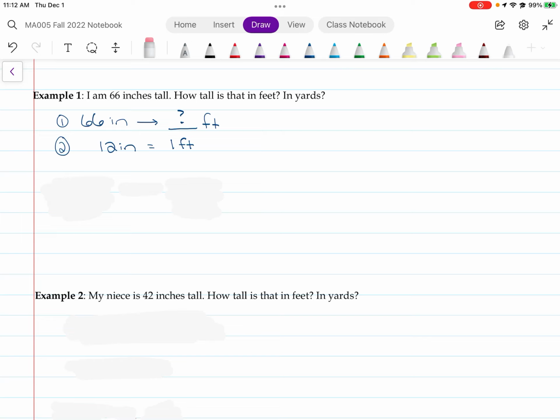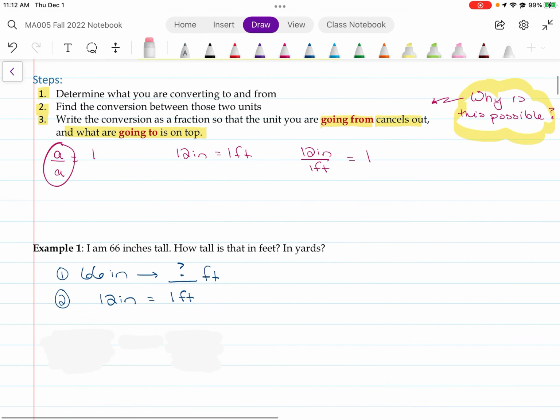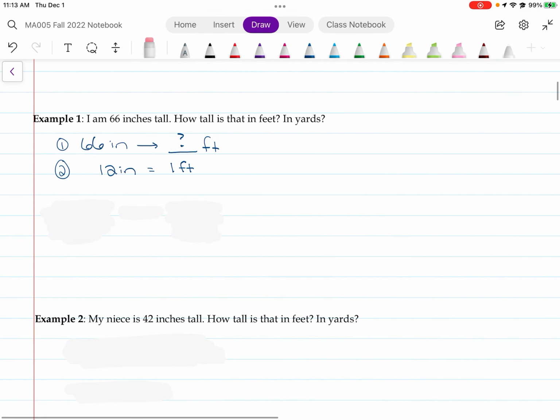All right, so good so far, right? All very clear. Now, here's where we take what we just said and decide how we're going to set this up. All right, so we make a conversion factor out of that equality where we say 12 inches per 1 foot, or we can say that there is 1 foot per 12 inches.